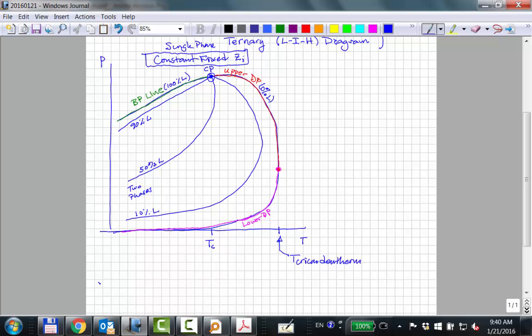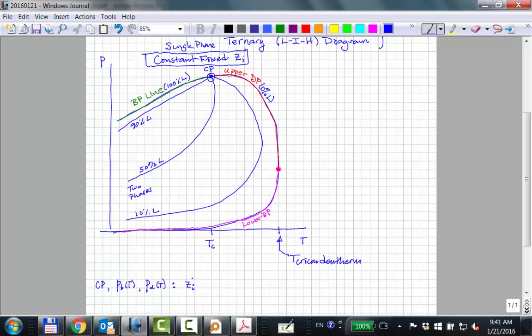So the critical point, the bubble point versus temperature, which is basically the green curve, and the dew point versus temperature make up our phase diagram. These are all primarily a function of Zi.